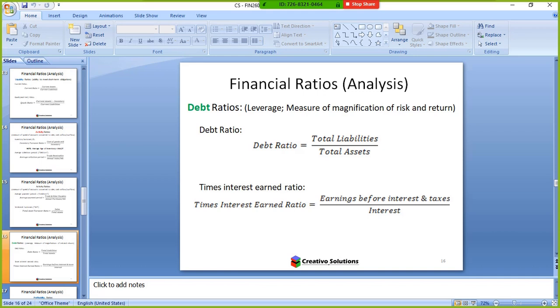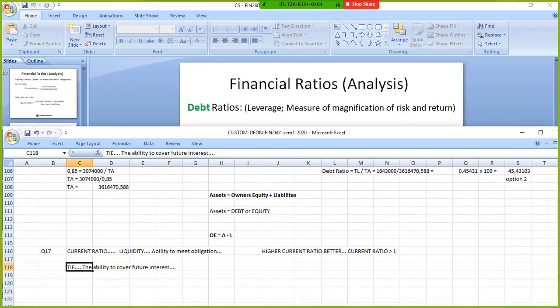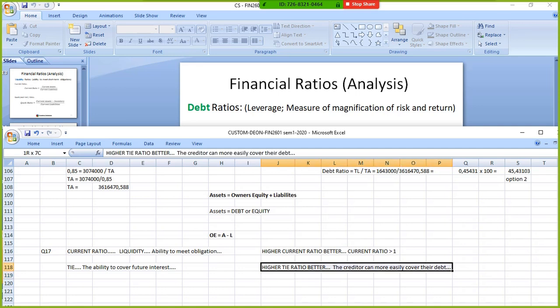For me, it should be higher, isn't it? 1.5. Correct. You want it to be higher. So again, higher is better here. A higher times interest earned, a higher TIE ratio, means the creditor can more easily cover their debt. Does that make sense? Yes.